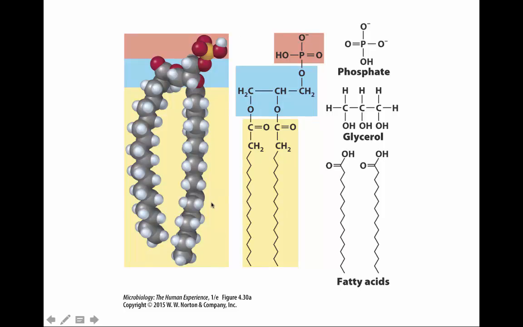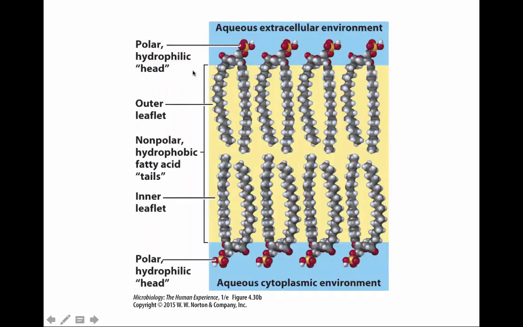Now if you just drop these types of molecules into water, which is of course a polar molecule, they will self-assemble so that all these yellow non-polar regions are on the inside, sort of hidden away, and only the polar regions, these phosphate groups, are exposed to the outside. So we see, right, that we have this phospholipid bilayer.